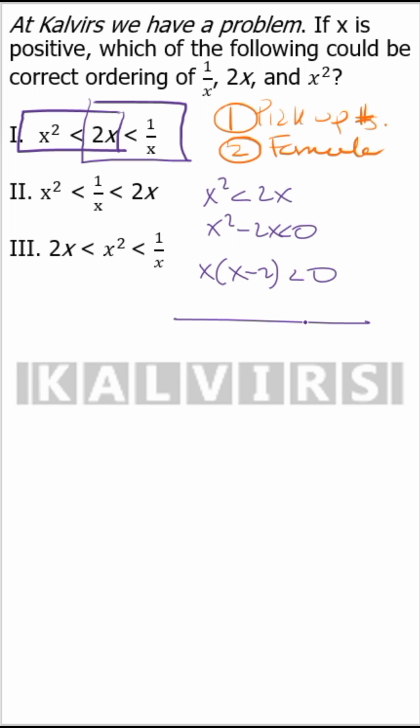We find the roots 0 and 2, and then the signs are positive, negative, positive. We need the negative interval, so the solution for the first section is x between 0 and 2.